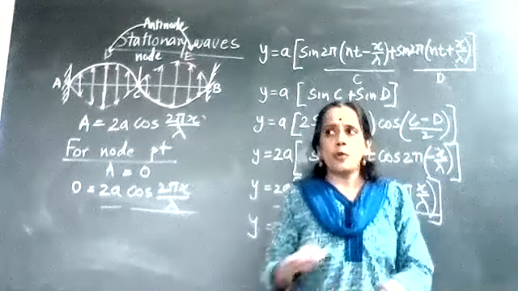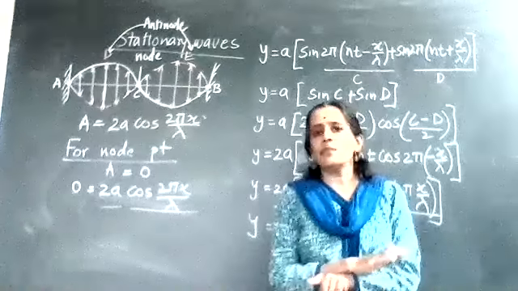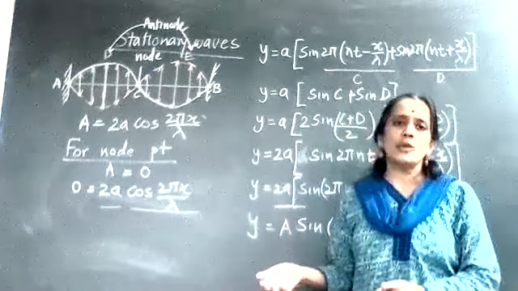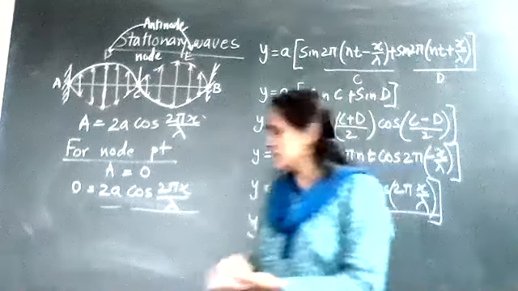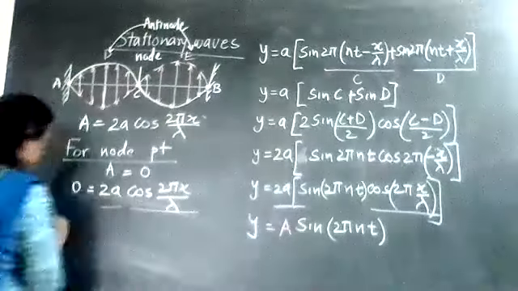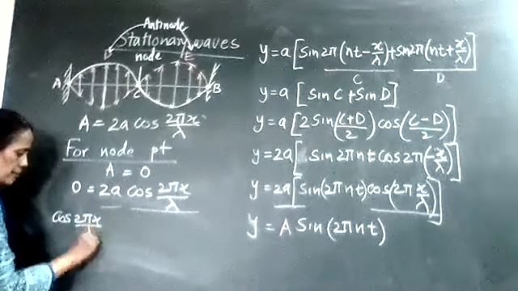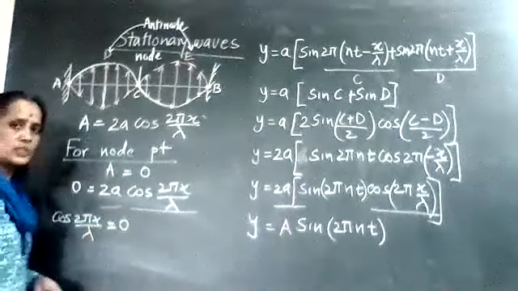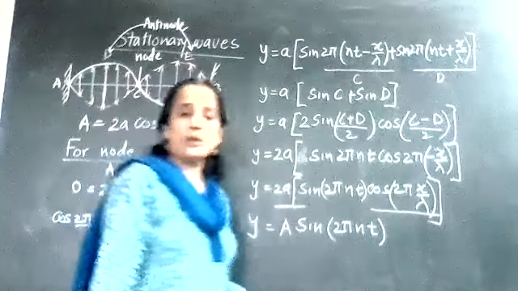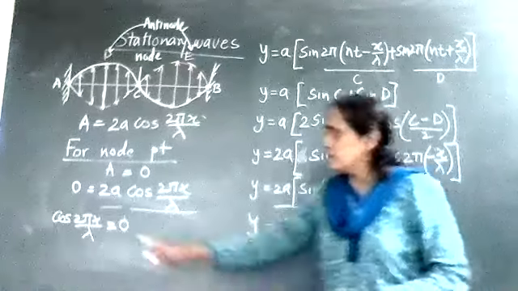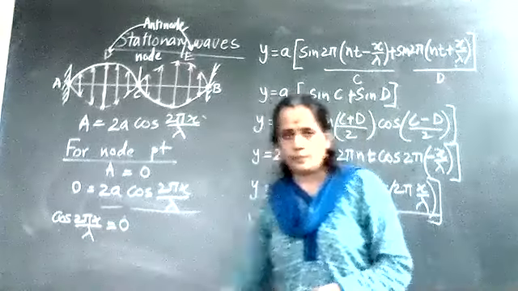But there is no possibility that the first term is 0, so automatically the second term remains to be 0. Means what I say here, your cos term, cos of 2 pi x upon lambda, must be equal to 0. And to get cos theta equal to 0, the theta value has a restriction.